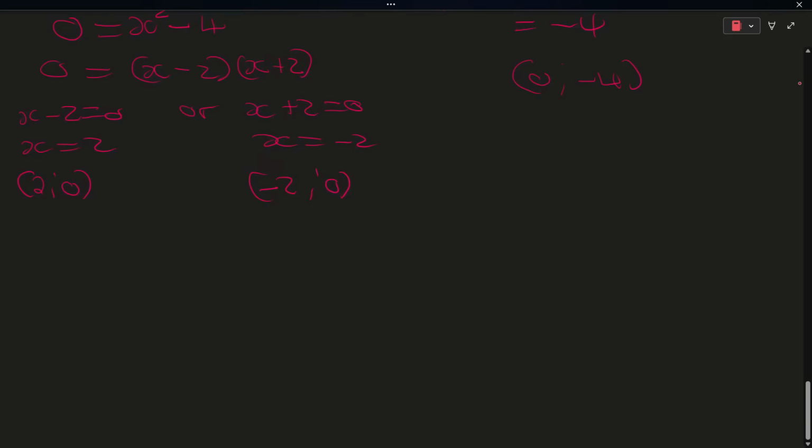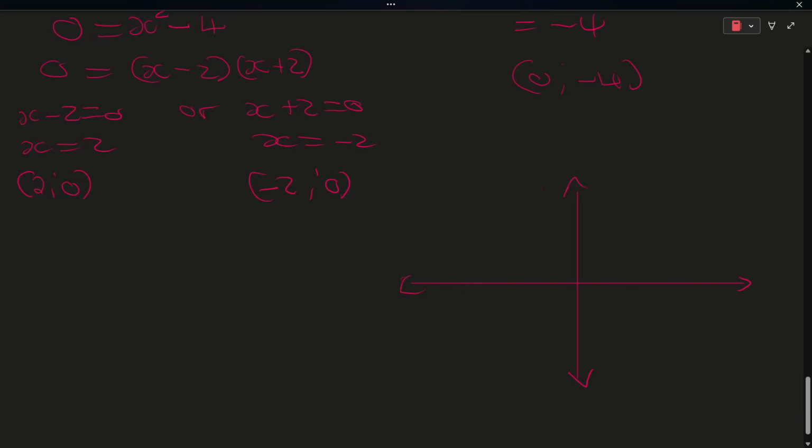Now I must draw my equation. Let's draw a Cartesian plane. We're having something like this in our Cartesian plane, guys.